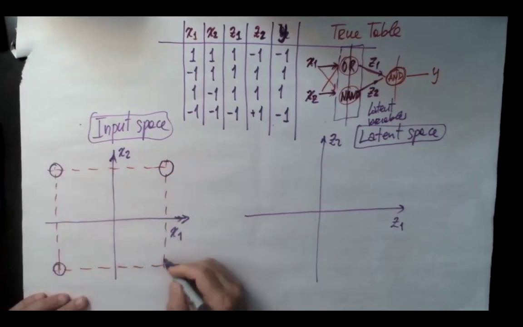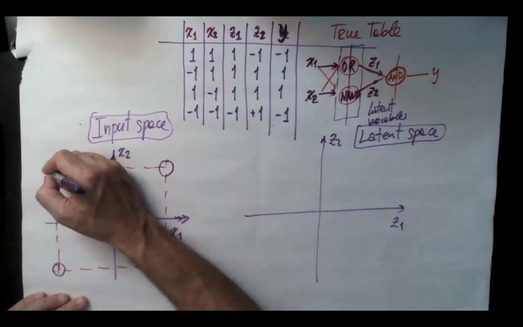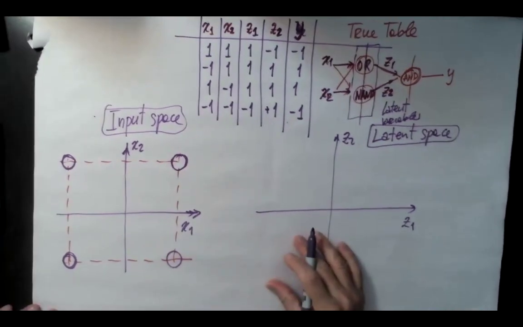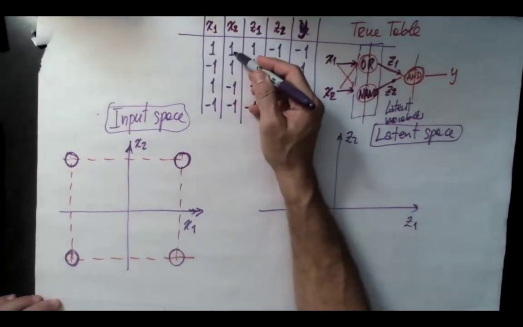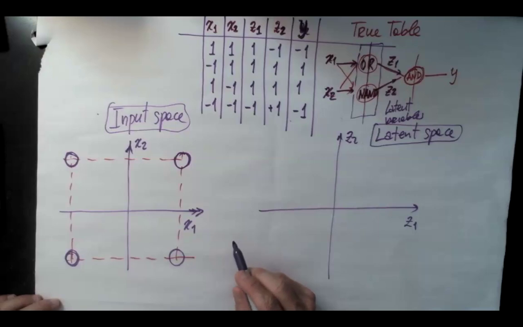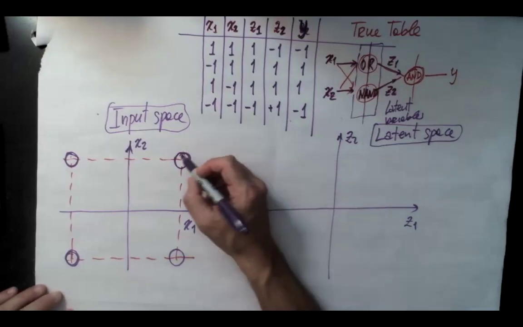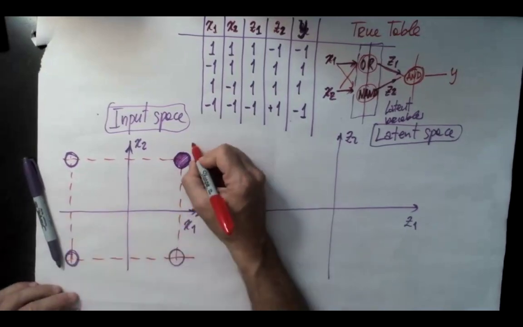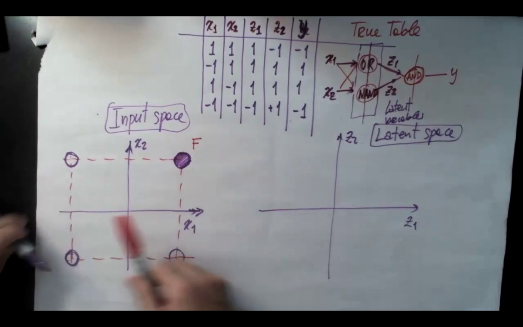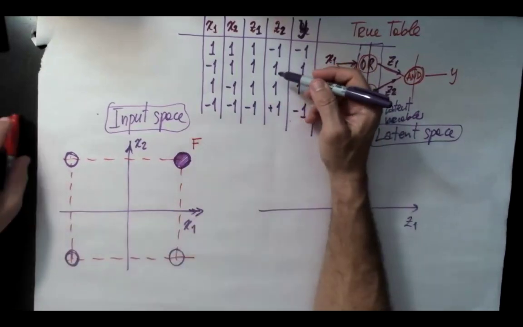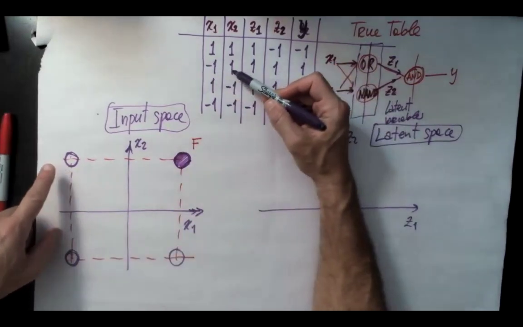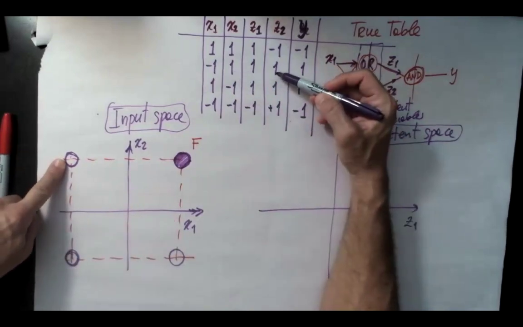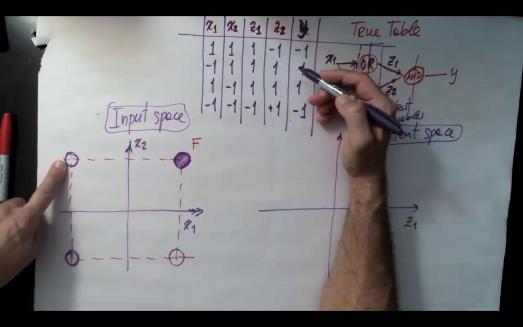Plus a label corresponding to their output. 1 and 1 correspond to a false result as an outcome. Then we have -1 and 1, which is a true result, which I'm going to keep empty.